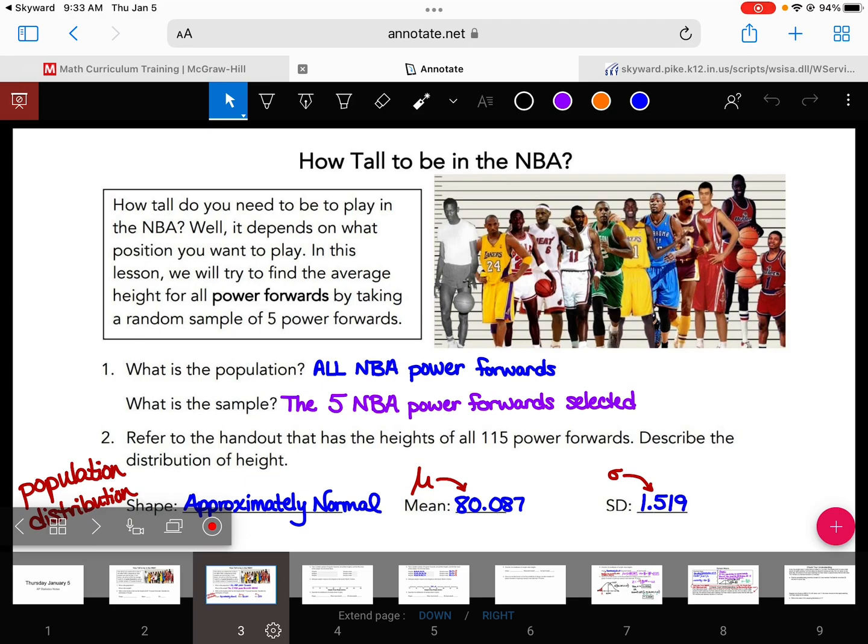We got the mean and the standard deviation off of those summary statistics from our whole population there. I am going to scoot us forward one screen so I can demonstrate what I want you to do.